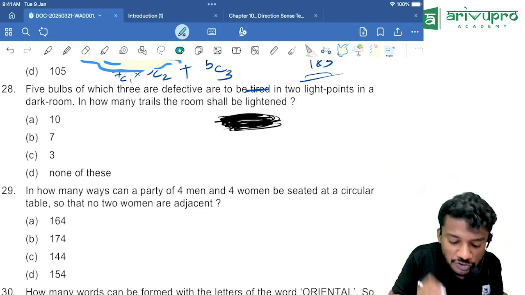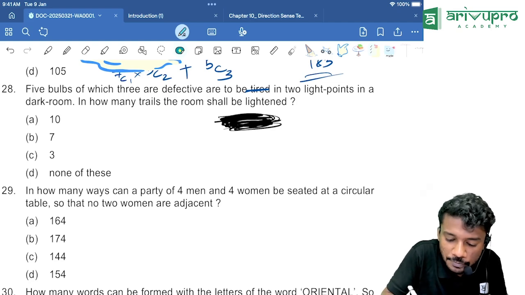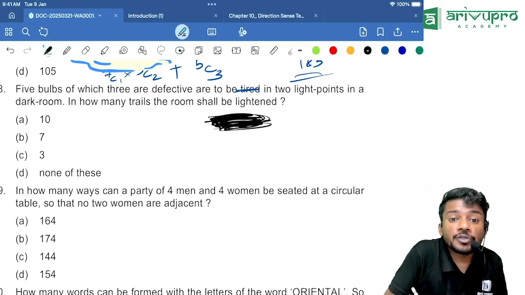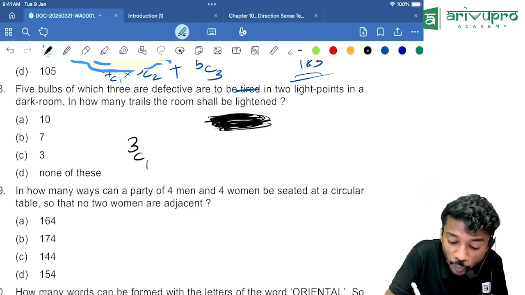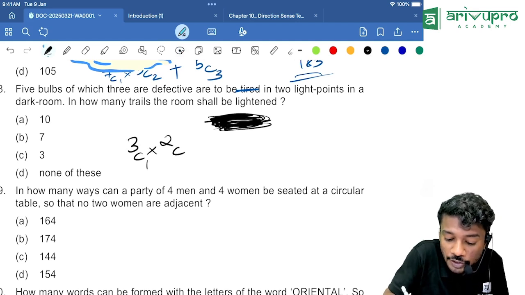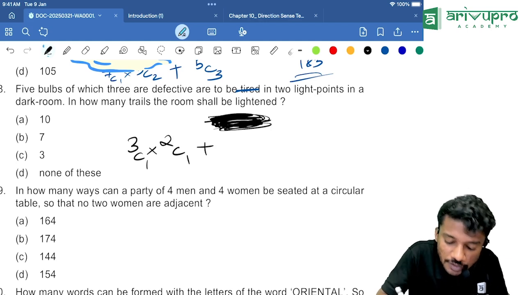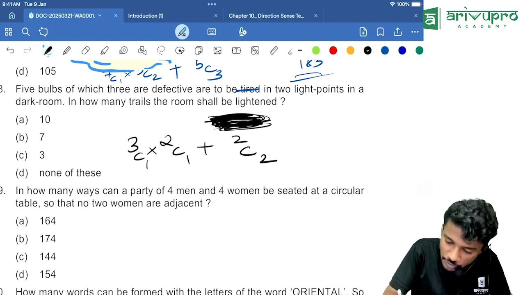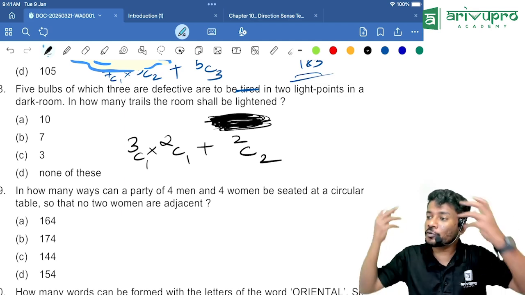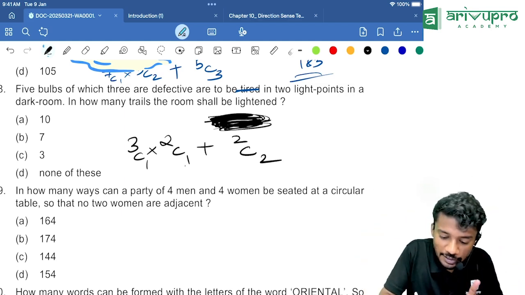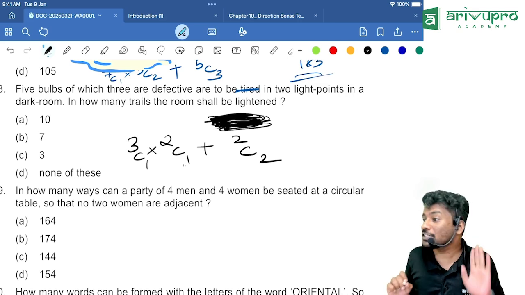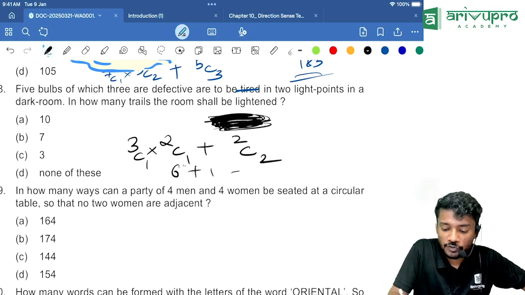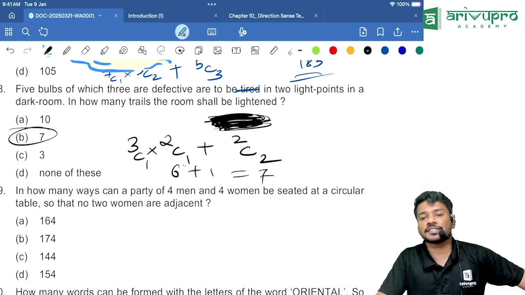That means in the first case, 3C1 into 2C1, plus 2C2, because both are non-defective and the room lights up. Got the point? So what is the answer? 3C1 into 2C1 is 6, plus 1, which is equal to 7. Option C is our answer.